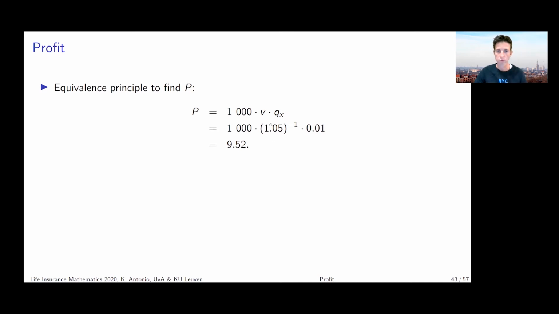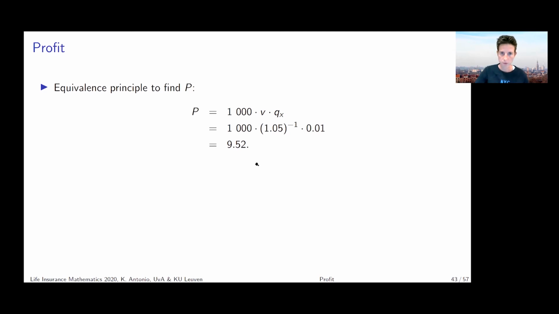The interest rate was 5%, the q_x was 1 over 100, so you can calculate the premium P in this particular setting. Here, the EPV of my death benefit is simple because I only have a one-year cover in this example.